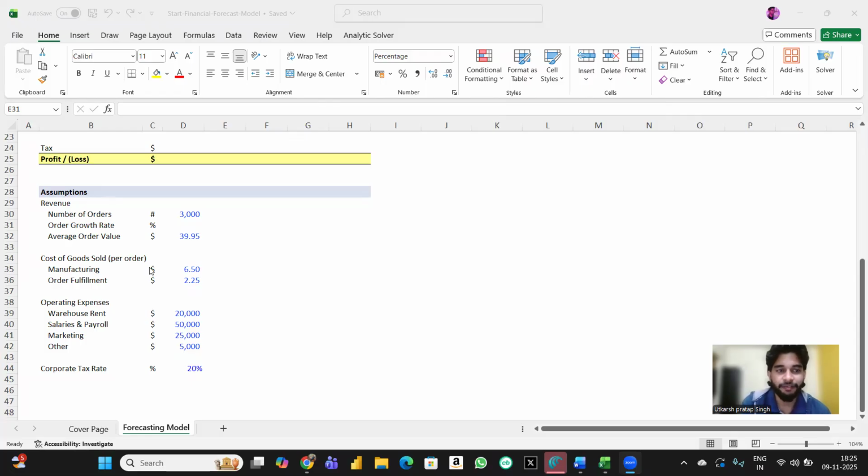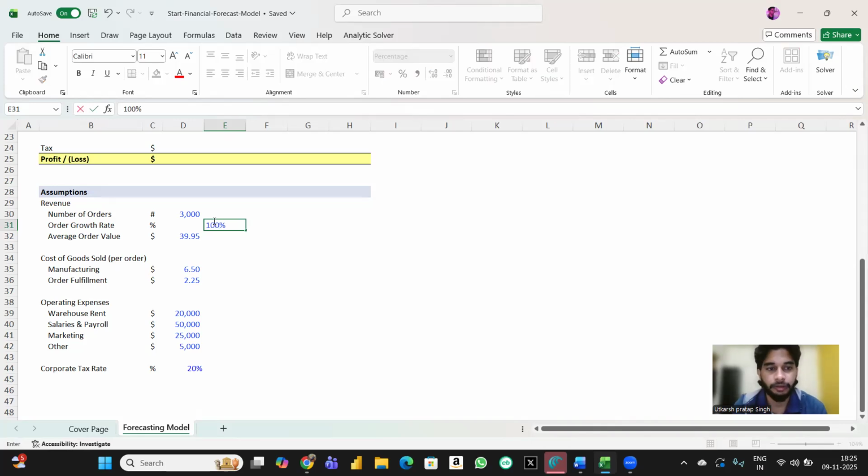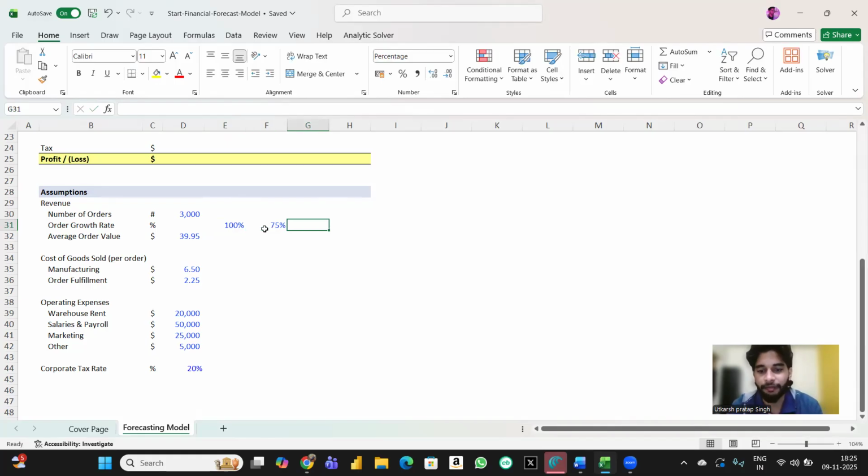Now, let's start with the very first assumption, the order growth rate. We are assuming that for the next year, the growth rate would be around 100%, the year after that 75%, for the next year 50%, and for the last year 35%.